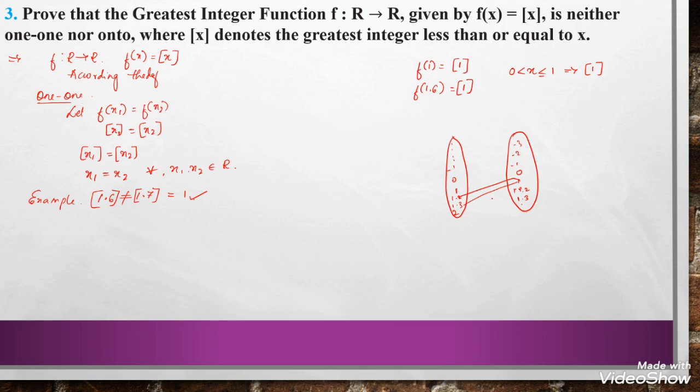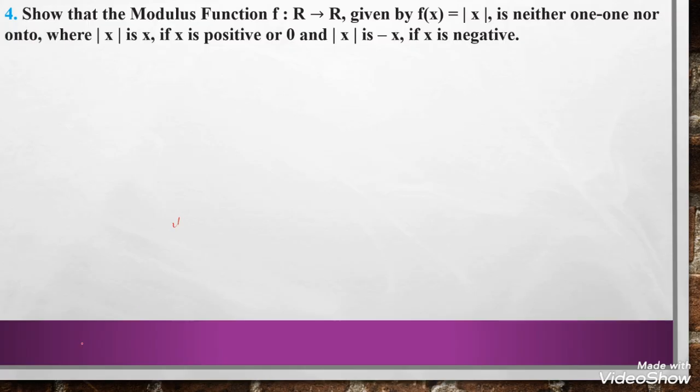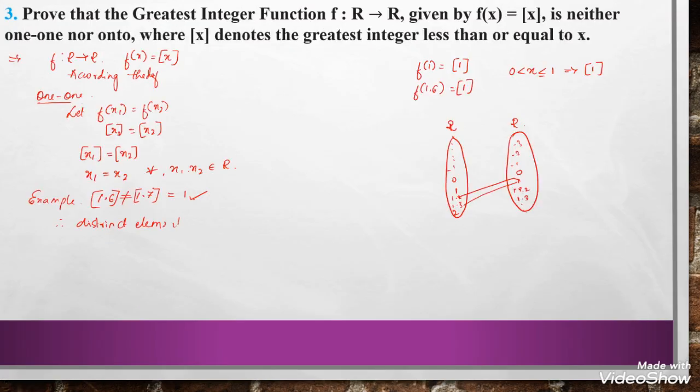So distinct elements have the same image in the codomain. Therefore, distinct elements have the same image. That's why it is not one-one.